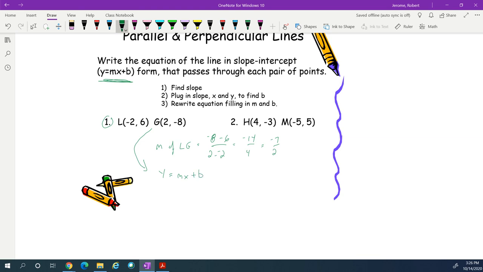So y is -8, slope is -7/2, x is 2, plus b. That's -8 equals -7 plus b. So b equals -1.